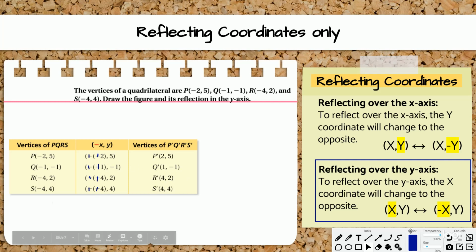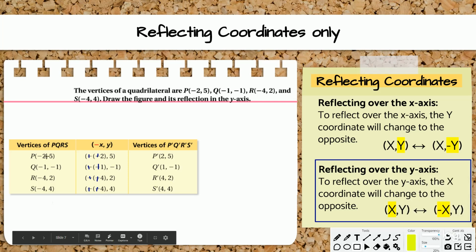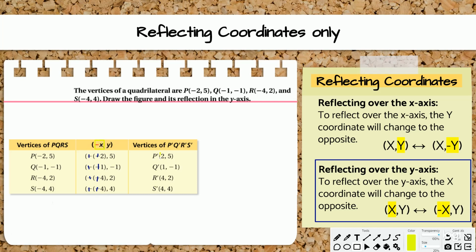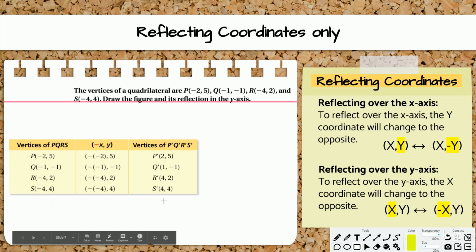So if you look, the only things that are changing is the x. So these ones here are the ones that are changing from negatives, and now they are positives. And then I could redraw this shape on a coordinate plane.